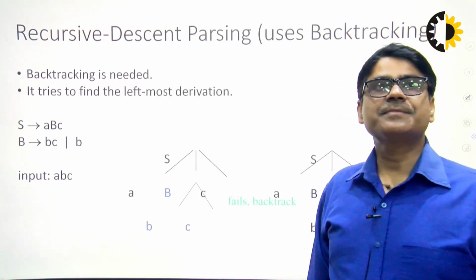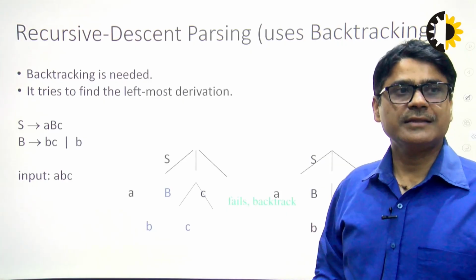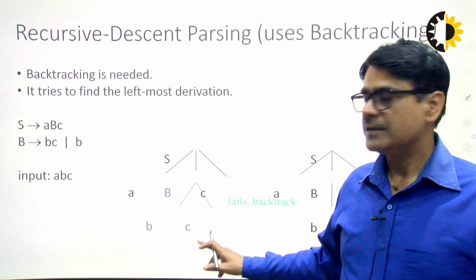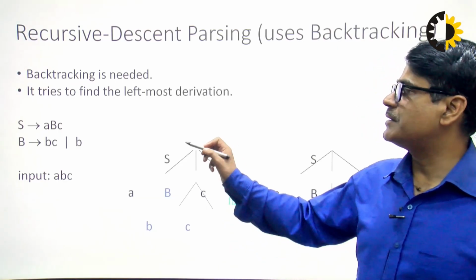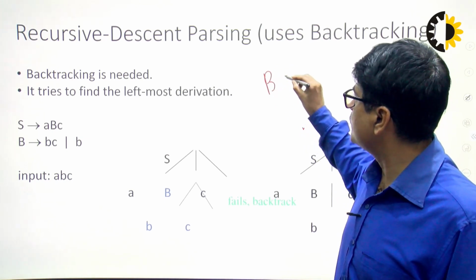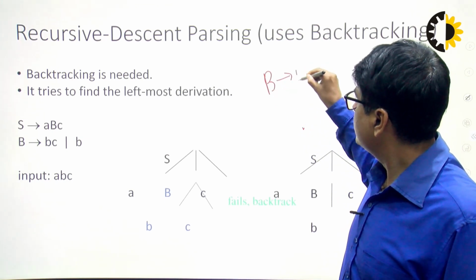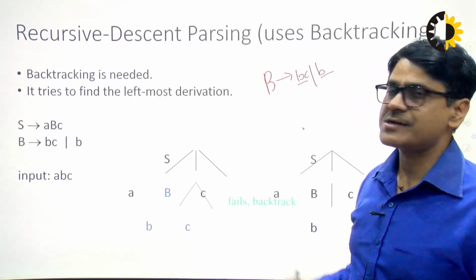Recursive descent parsing uses backtracking, because backtracking is allowed. In this process, suppose the grammar is given as S produces ABC, and B produces bc or b. In this grammar, you will see that backtracking is there.